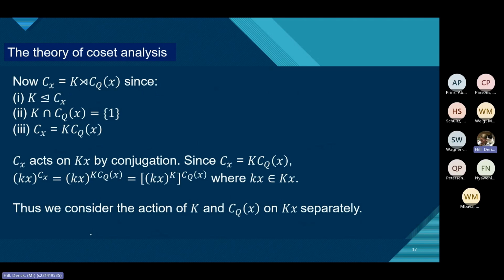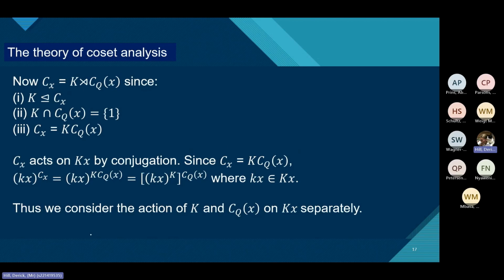Now we can show that this Cx is itself a semi-direct product of K by the centralizer, or the stabilizer, of x in Q, since all three of those conditions hold.